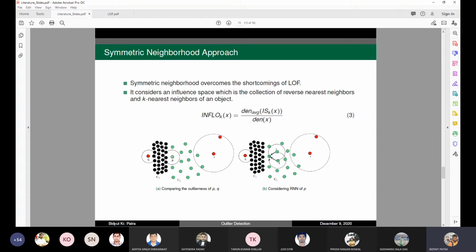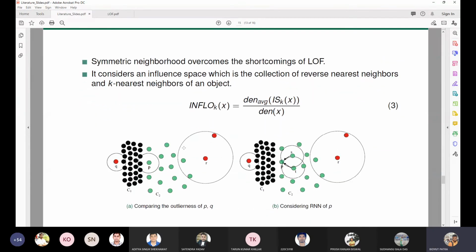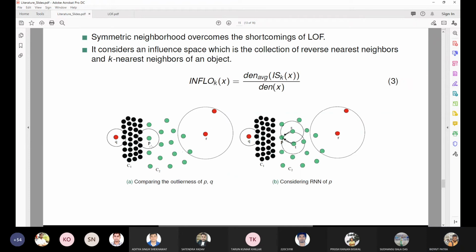Please try to understand this part. If you see the k nearest neighbors of P, it will include this point and this point. So how do you compute the LOF? In order to compute the LOF, you have to compute the k nearest neighbors of this point. So you got this point. Now what you have to do is compute the LRD of this point.